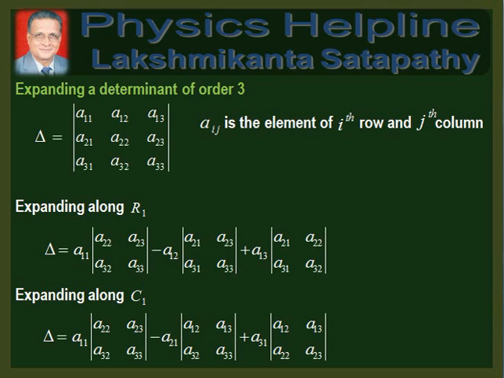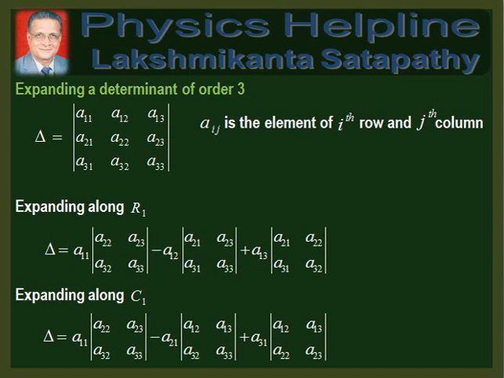Consider the determinant whose first row is A11, A12 and A13. Second row is A21, A22 and A23, and the third row is A31, A32 and A33.